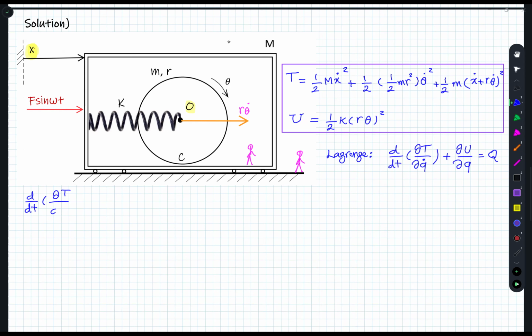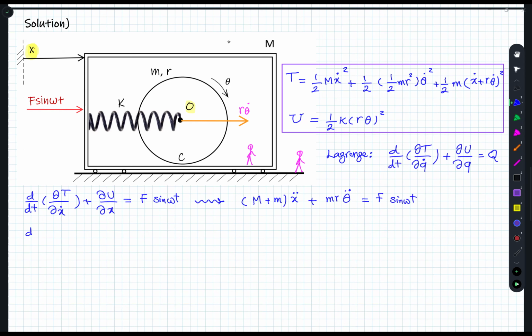my Lagrange equation will be derivative of T with respect to x dot, minus derivative of U with respect to x, equal to, I have a load in the direction of x, it's going to be simply F sine omega t. If I do the derivative, I'm just going to skip the step and write you just the final answer, because I know it's easy and you should be able to do that.